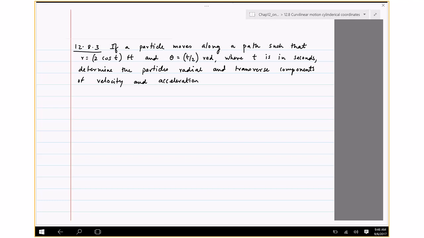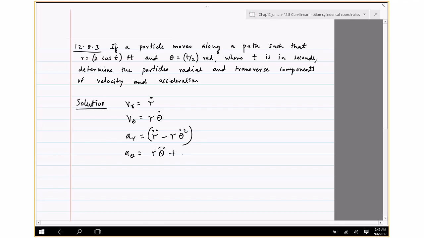So in a sense, it's asking me to find VR, which is r dot, V theta, which is r theta dot, AR, which is r double dot minus r theta dot square, and A theta, which is r theta double dot plus 2 r dot theta dot.